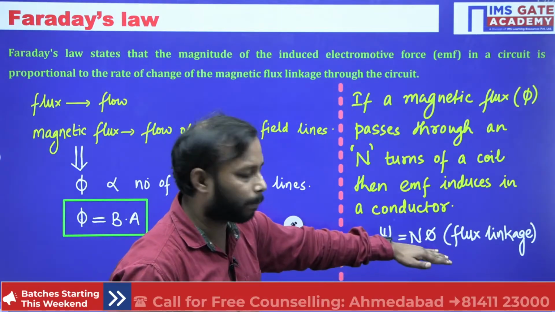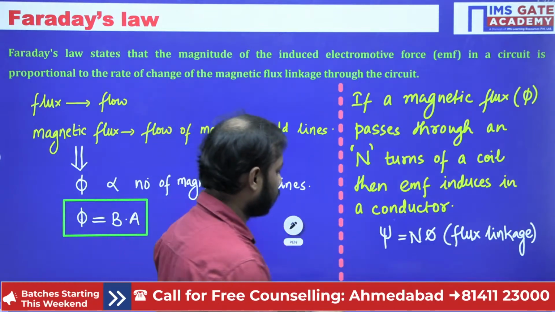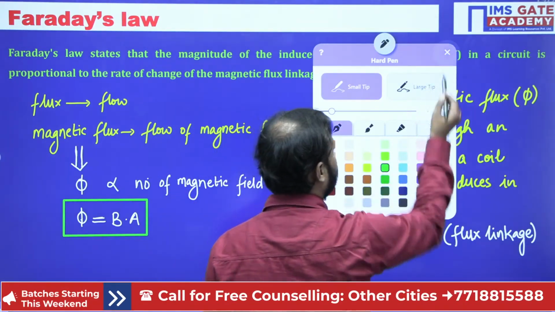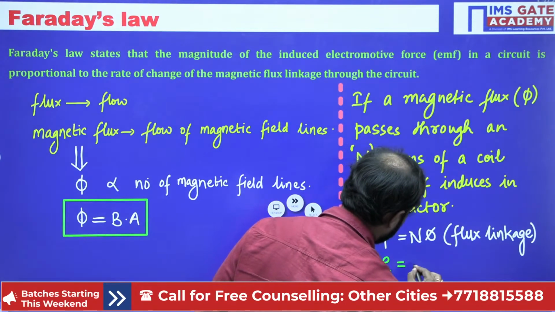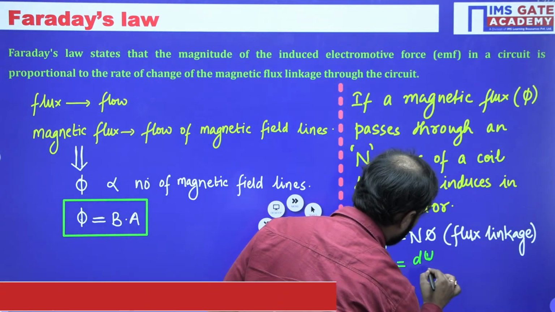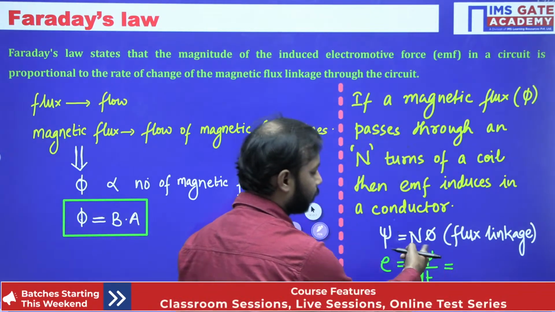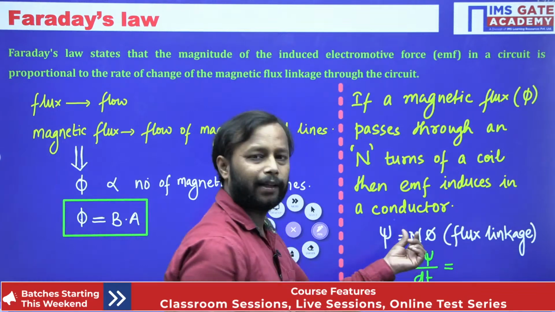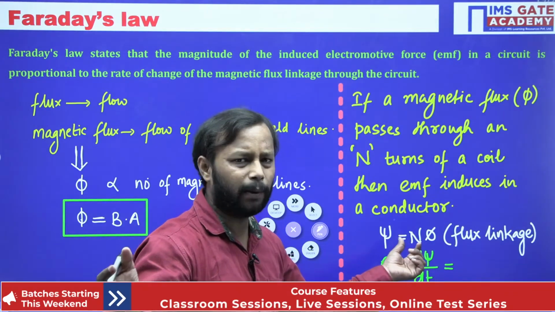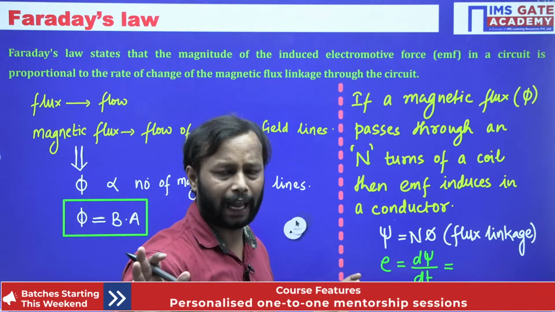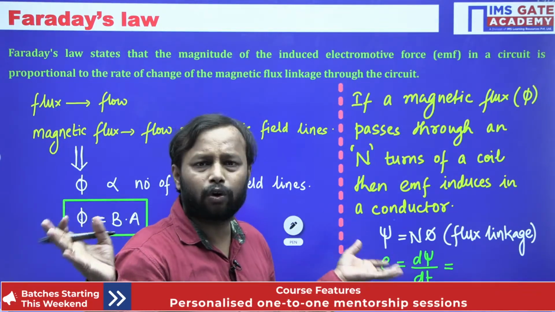Now when you represent this mathematically, you will get the EMF like this: E equal to d psi by dt. Replace psi with N phi, where N is the number of turns. It will always be constant, isn't it? Over time, the number of turns will not change.